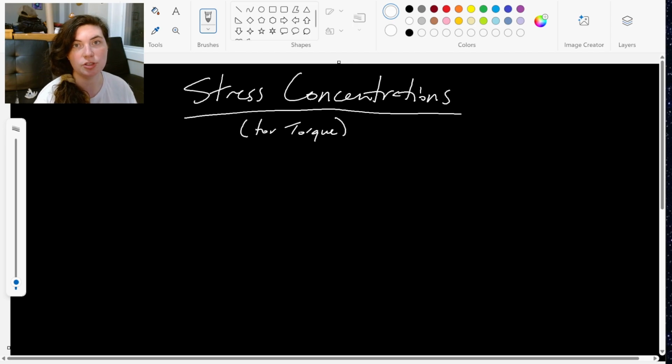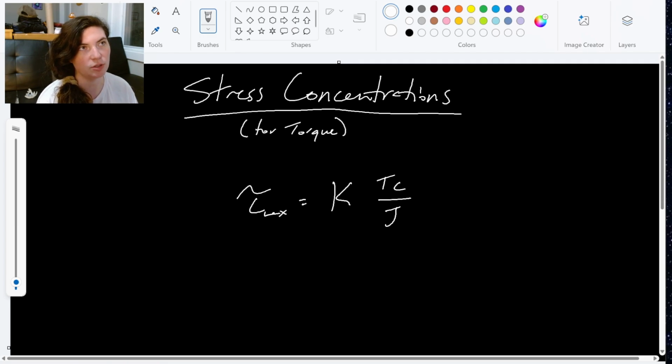So in this case for torque, our stress concentration relationship is given by the max shear stress is the stress concentration factor K times torque T times c over polar moment of inertia J. So it's really the same as the regular shear stress equation, just with this stress concentration factor K added in there. So we can use our tables, look up these values based on the geometry to solve for these circumstances.